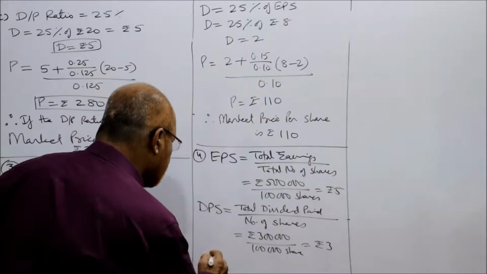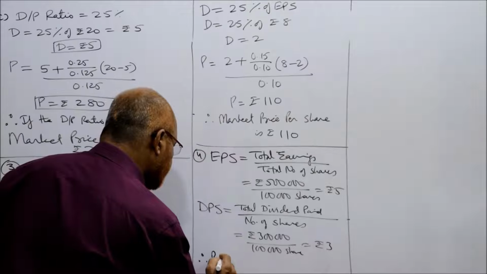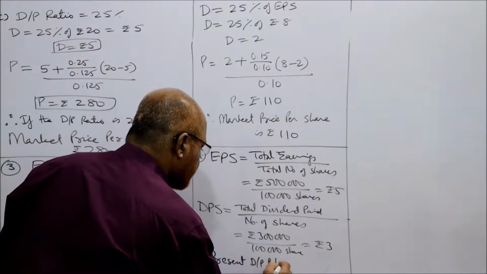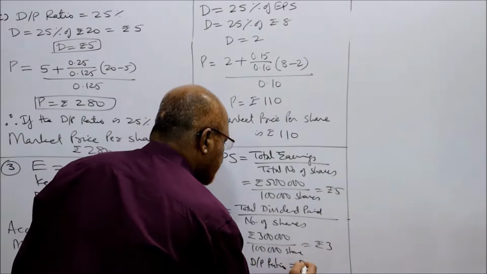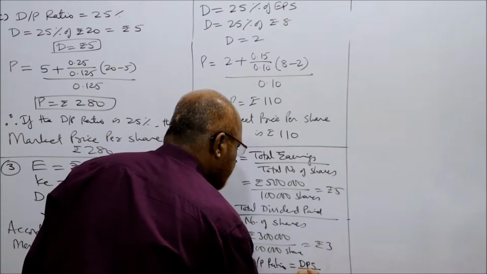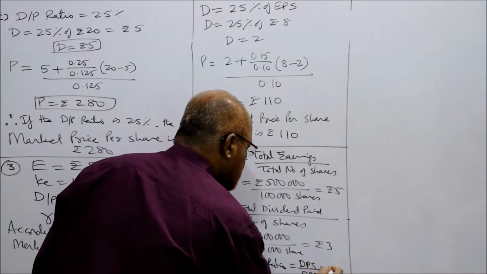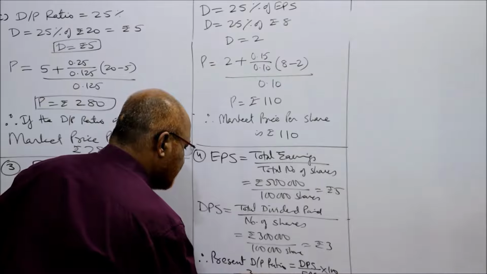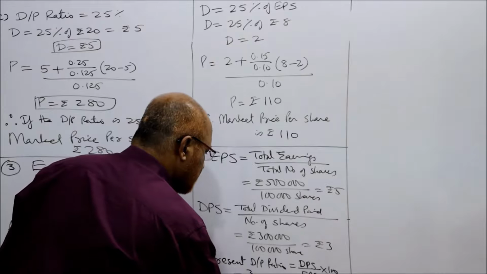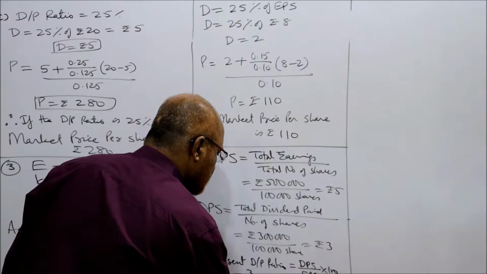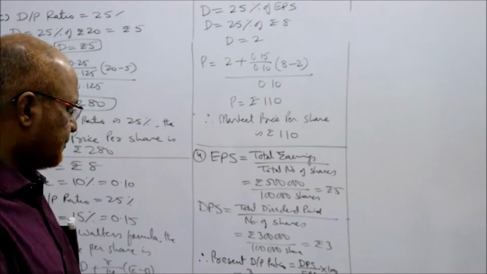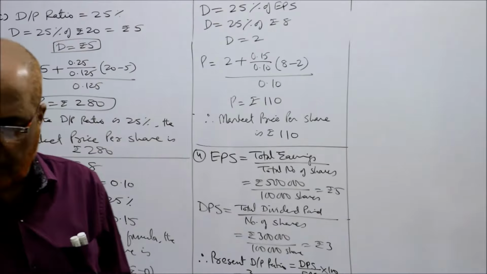Therefore, present DP ratio is DPS by EPS into 100. That is equal to 3 by 5. The company's dividend payment ratio is 60%. 3 by 5 into 100.